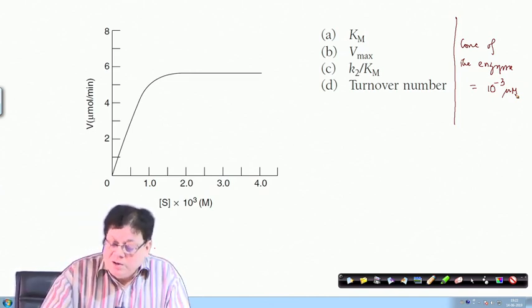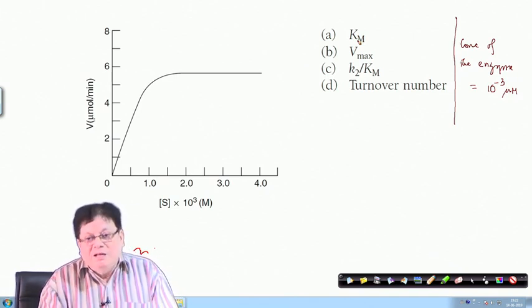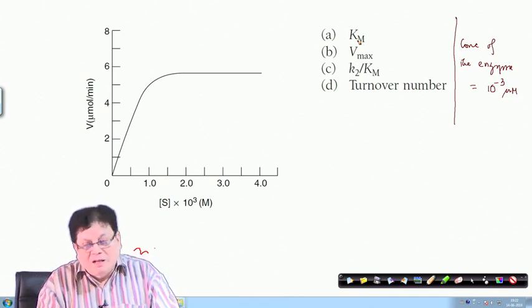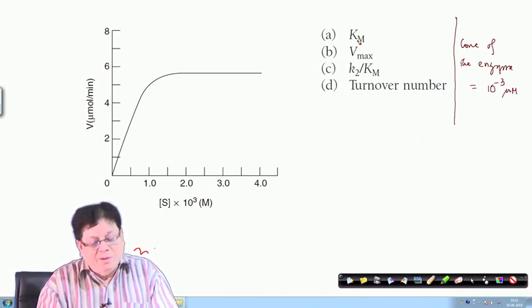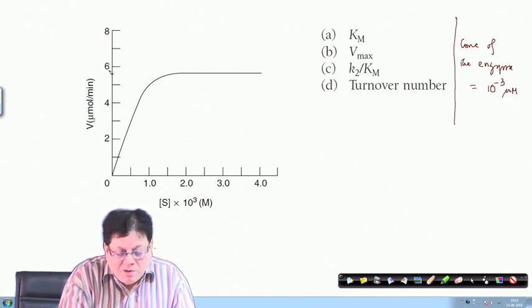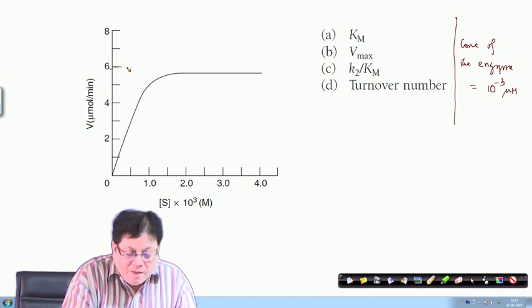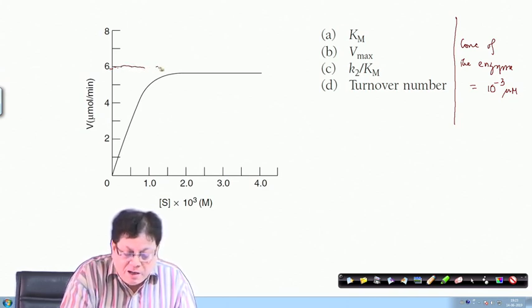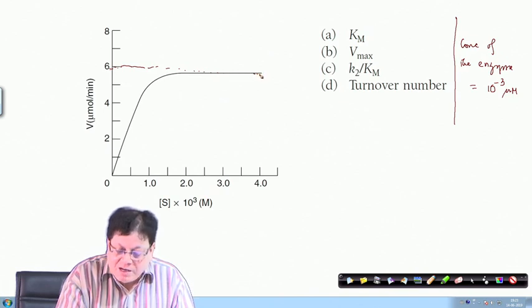We start not with Km but with Vmax, because once we have Vmax, we can draw the lines to see the concentration needed to reach half of Vmax. So, let us draw a line here. Vmax is approximately, according to the graph, a little less than 6, but let us draw a line which will ultimately touch the maximum velocity line.